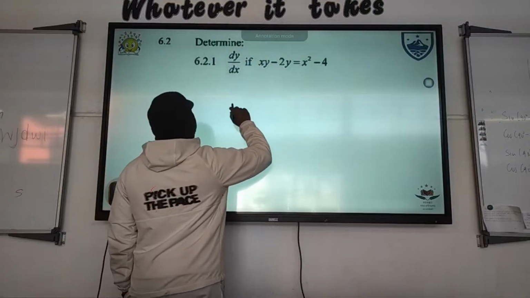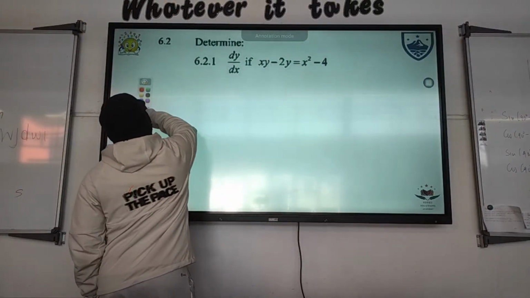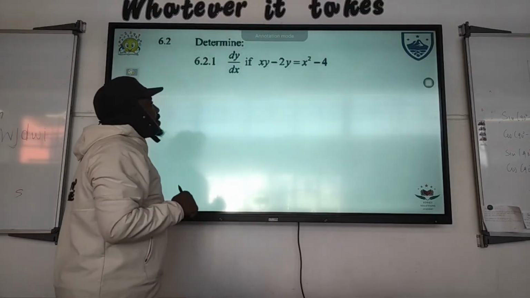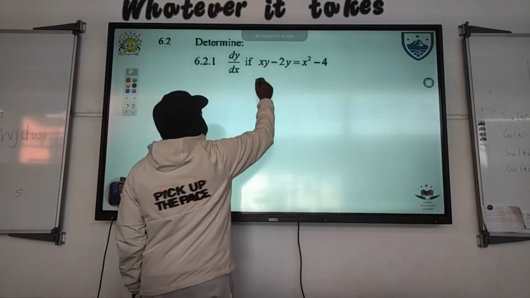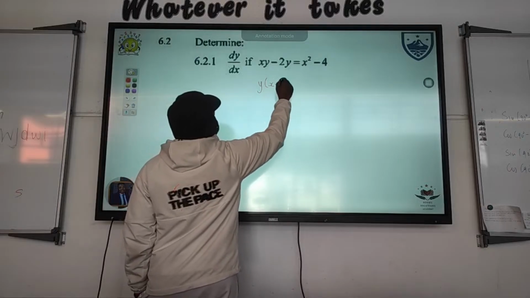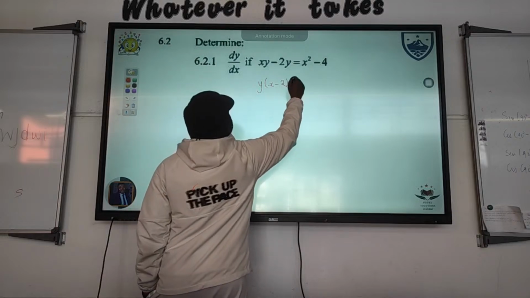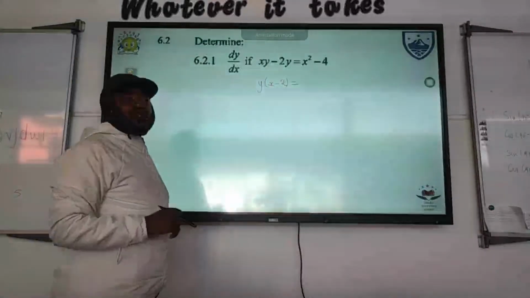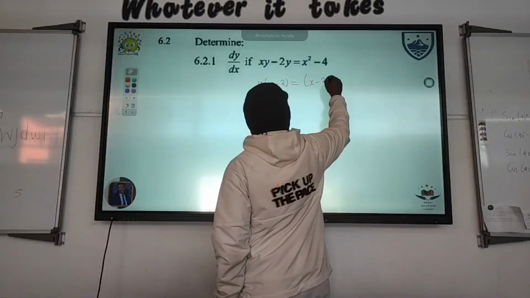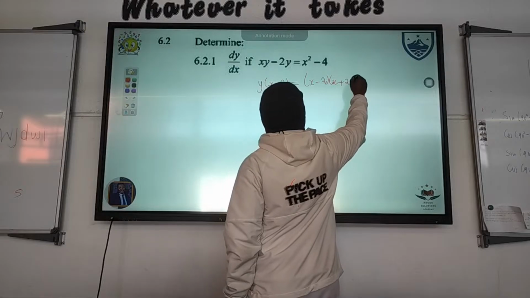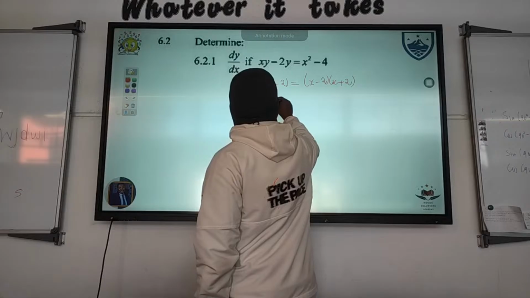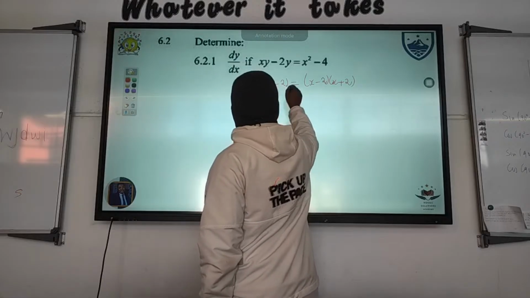But because we are grade 12, we're able to make y the subject of the formula easily. Let's take out a common factor this side. I think our common factor will be y, and then x minus 2. And this side, you see we have a difference of 2 squares. So this will be x minus 2, and then x plus 2, and then our y will simply be dividing both sides by x minus 2.